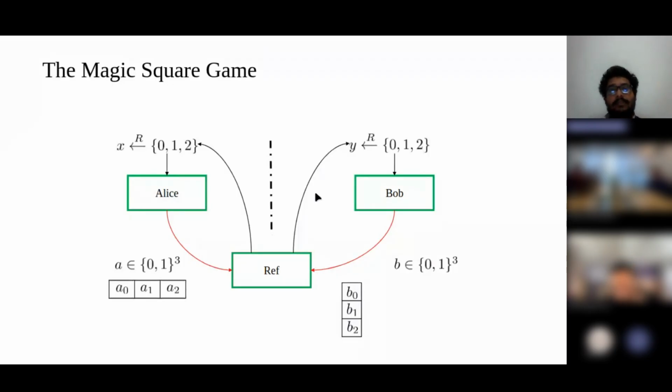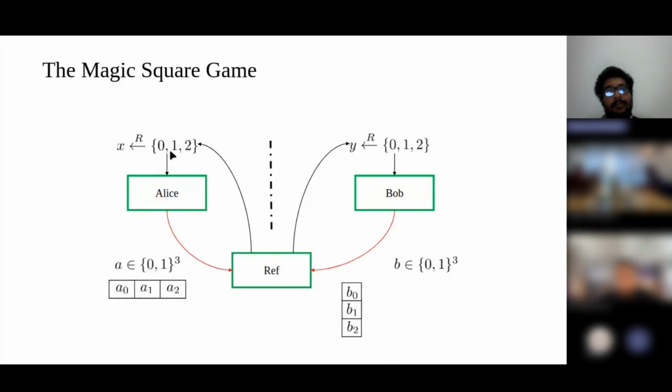Now, the game is as follows. The referee sends Alice her question X and Bob his question Y, and each of these questions is sampled uniformly at random from the set {0,1,2}. Then, given her question, Alice is going to answer with a 3-bit string.